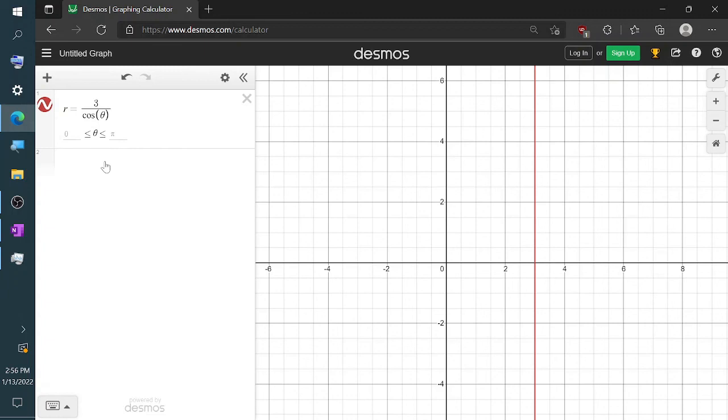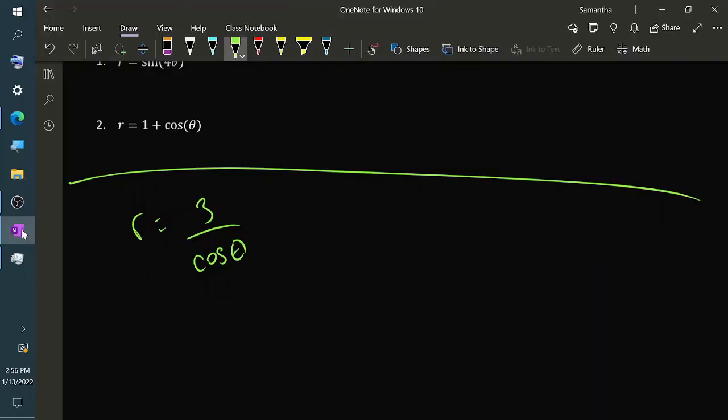Let's just see if we can reason through why this polar equation might have this graph. If we cleared the fractions by multiplying both sides by cosine theta, then the left side would be r times cosine theta, and the right side would be equal to 3.